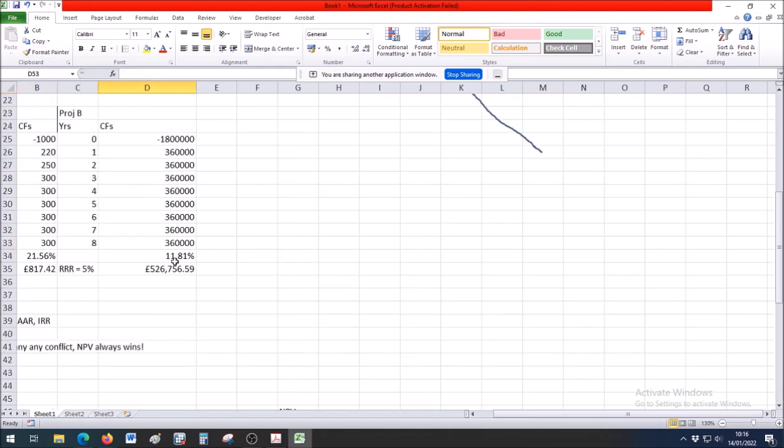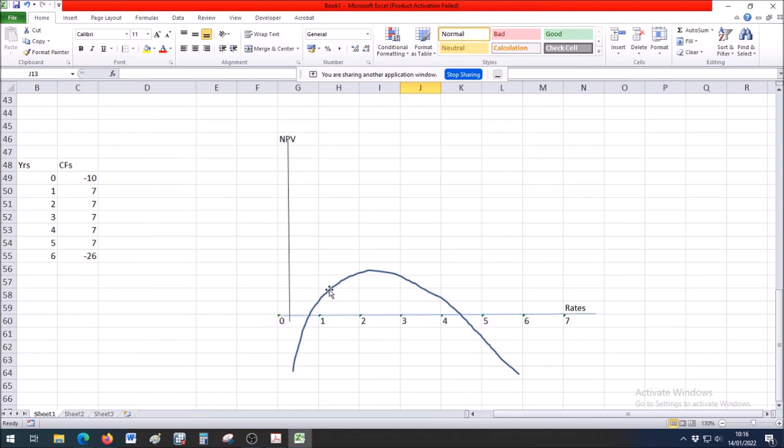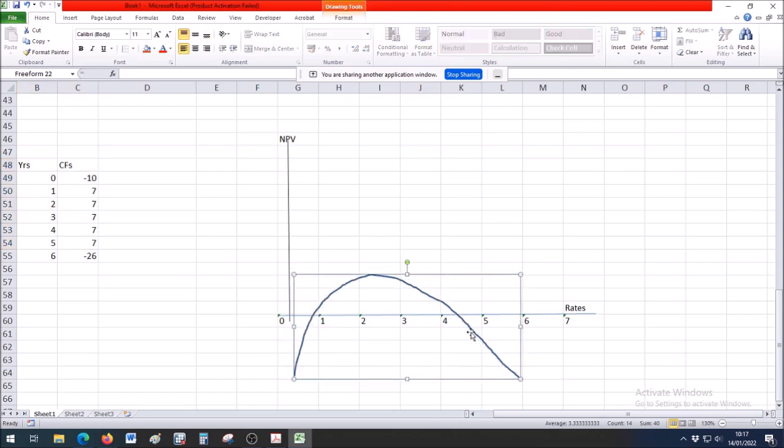If we look at IRR, IRR is the point where the NPV profile hits the x-axis. In this case, there are two points where the NPV profile hits the x-axis. Then what is IRR? Is this project going to give me this much return or this much return?